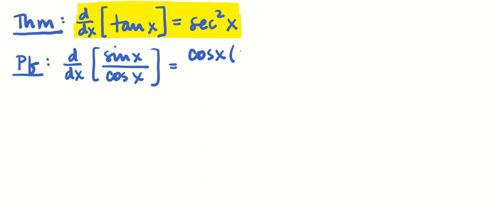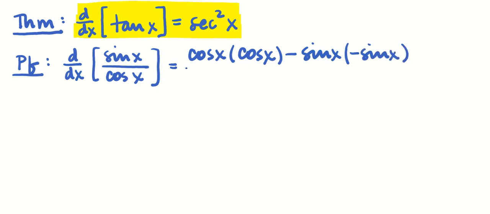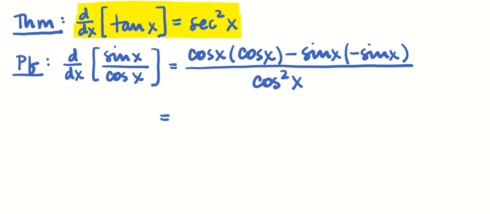The derivative of the top is the derivative of sine, which is cosine, minus the top times the derivative of the bottom, and the derivative of cosine is negative sine, divided by the bottom squared. If I have two negatives, that's going to be positive.